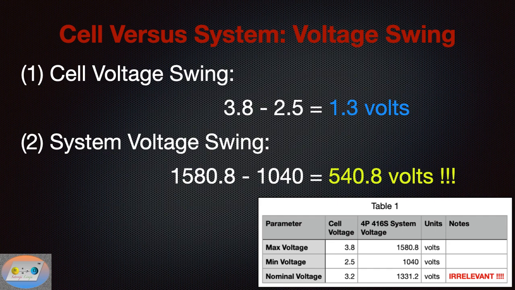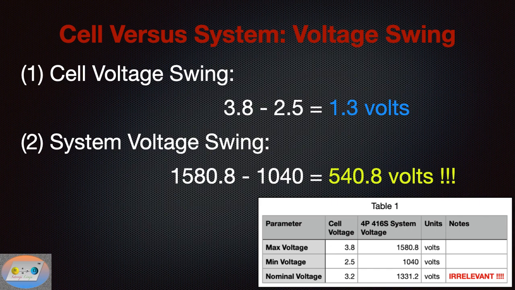Check out this lithium iron phosphate cell voltage swing. 3.8 volts minus 2.5 volts is a voltage swing of 1.3 volts. Not much, right? Can you even feel that difference when you put your finger on it? Probably not, unless you put it on your tongue.